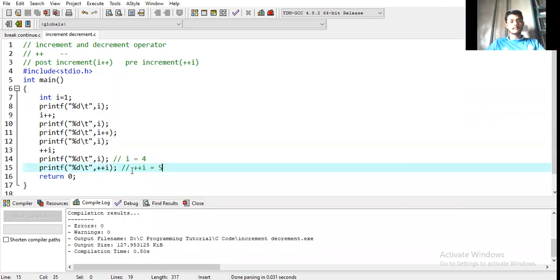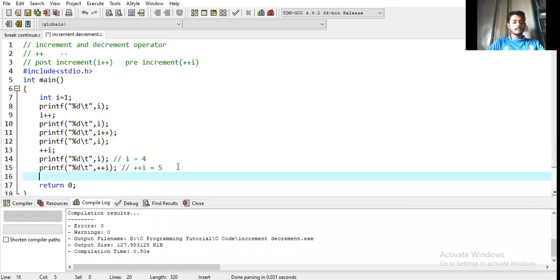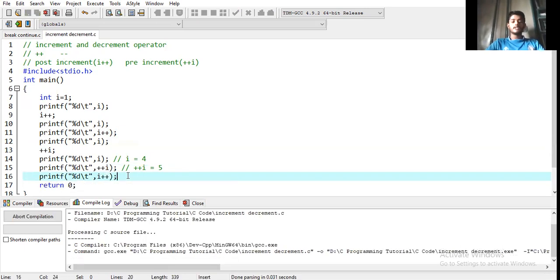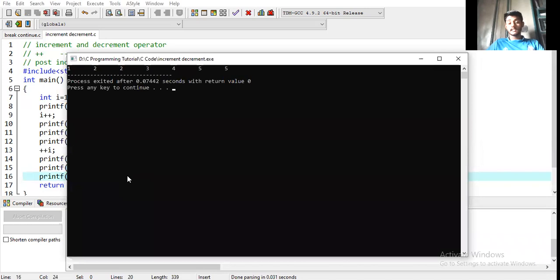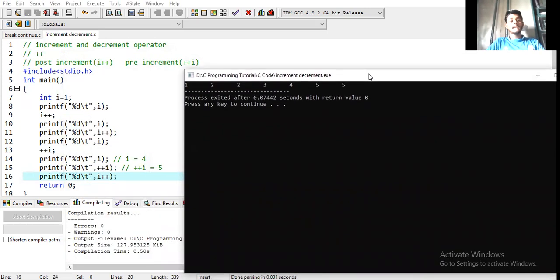You can see that. Now I++. So it will print 6. Sorry, it will print 5 because we have used the post-increment operator. That means I is now 5.